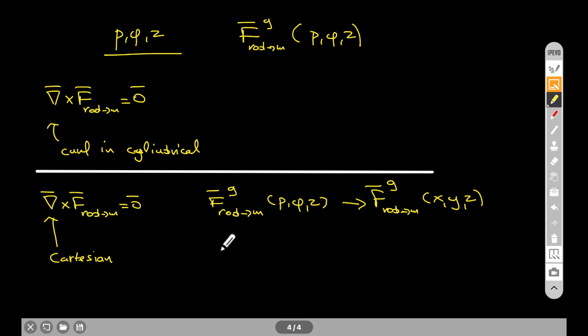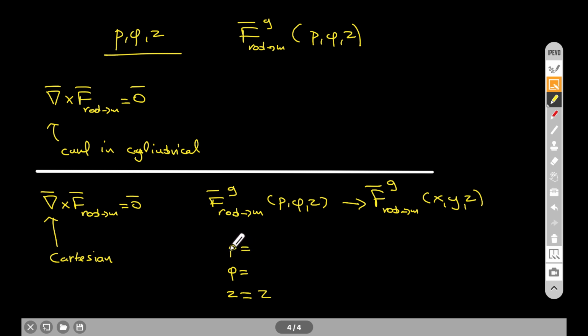And now, how to do that? Do I remember how to do this transformation? I don't. And again, whenever I need to do that, I'm going to look up in a book, and I'm going to find, of course, z is going to be z. What I will find is three equations.